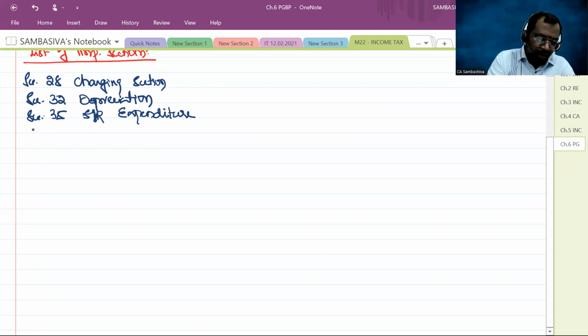And section 35AD, capital expenditure incurred towards specified businesses.